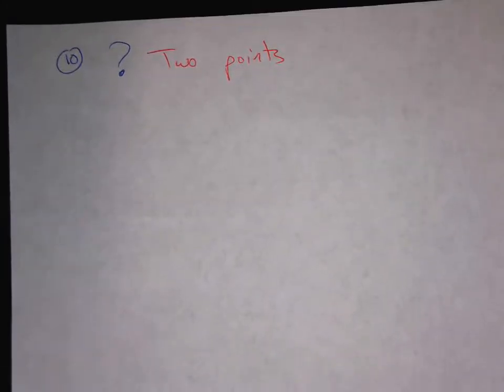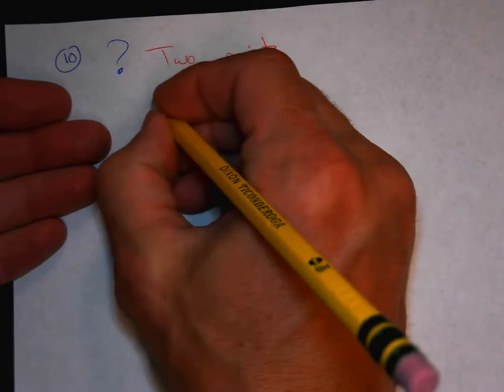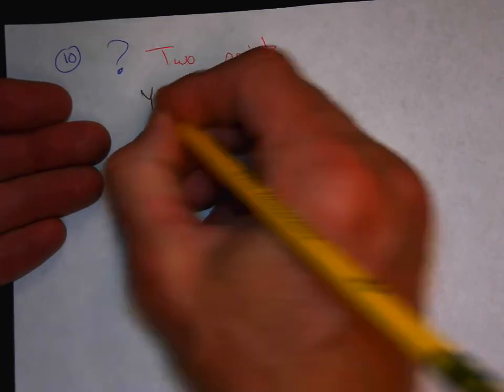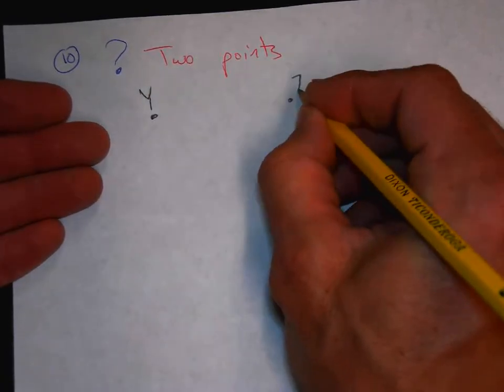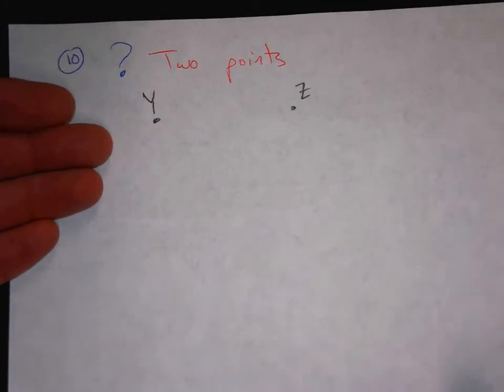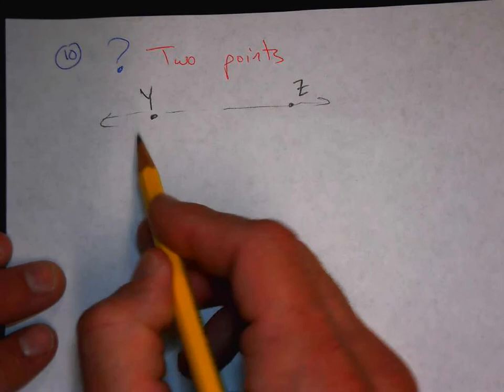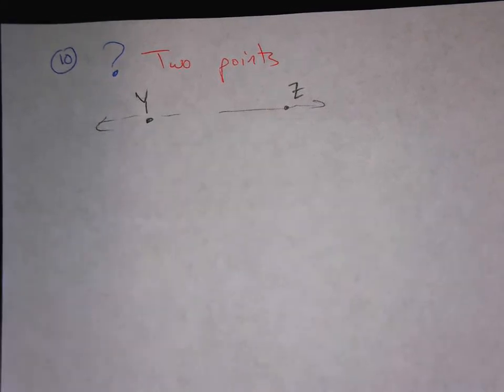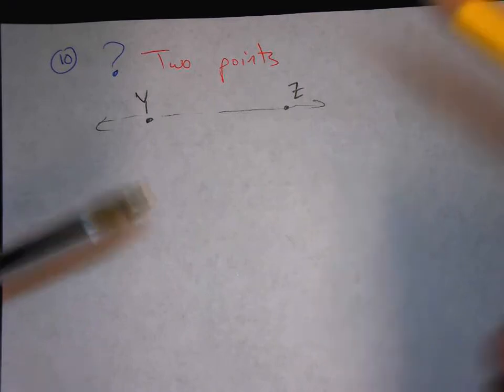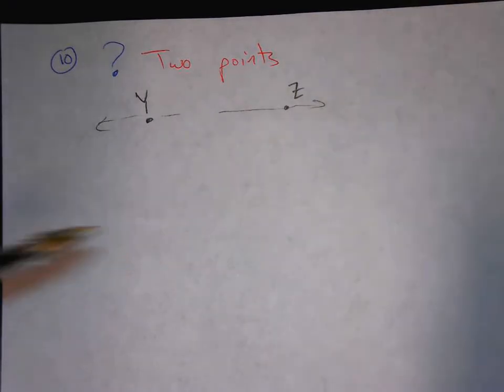Let's say I have a point here, we'll call it point Y, and a point here that would be a point Z. If I just stop at those 2 points, that's going to be collinear. There'd be a line going through there. What if I had a point in space here, Y, and another point in space here, Z? That would be collinear. Oh, darn it.